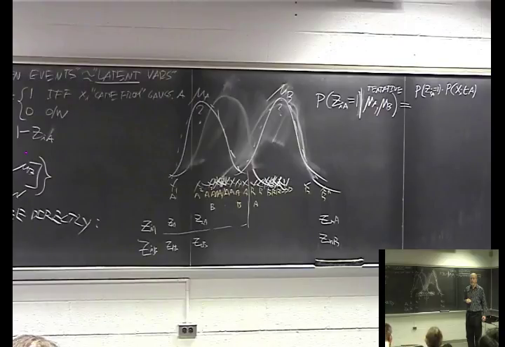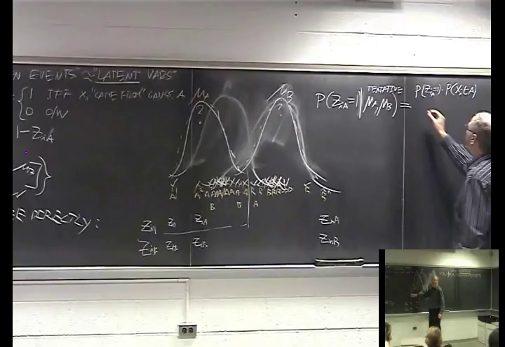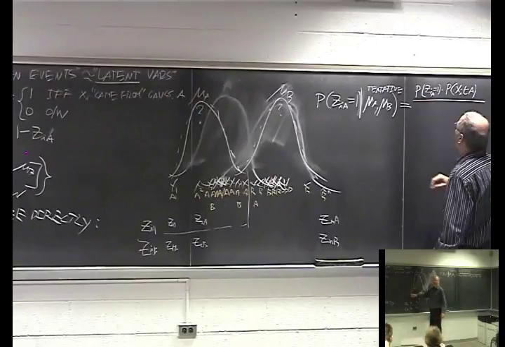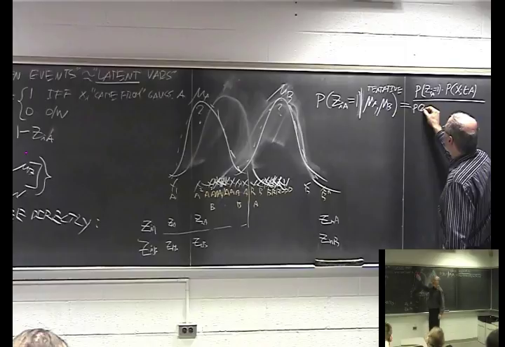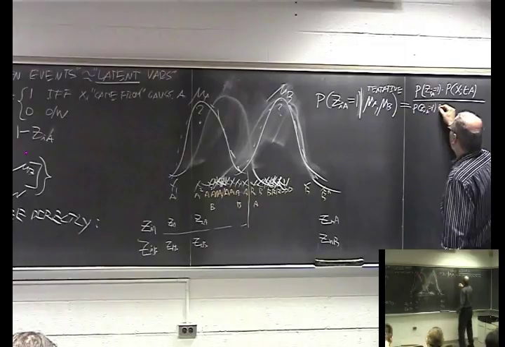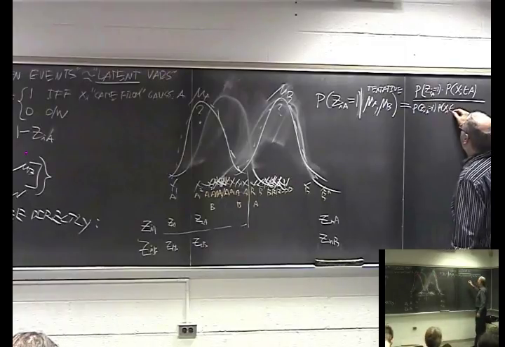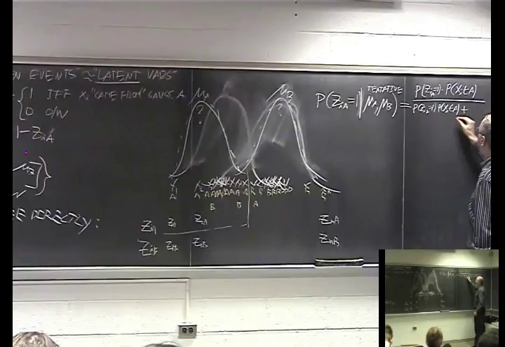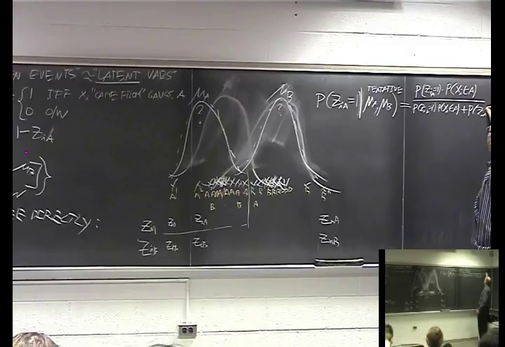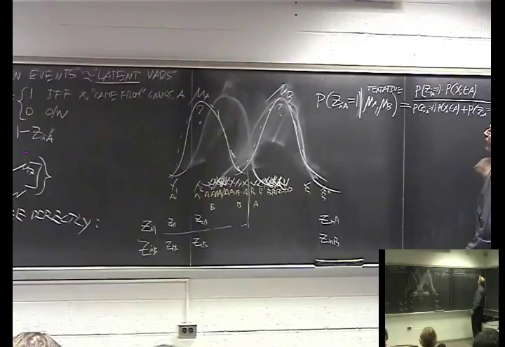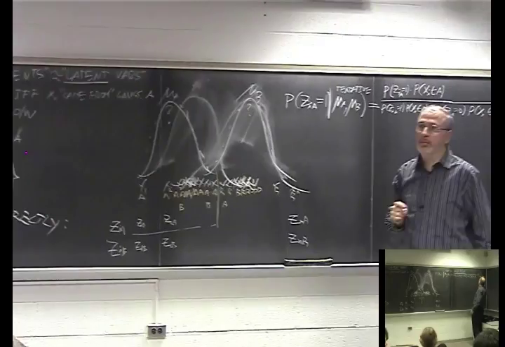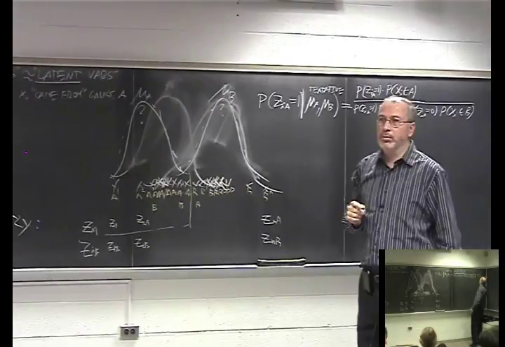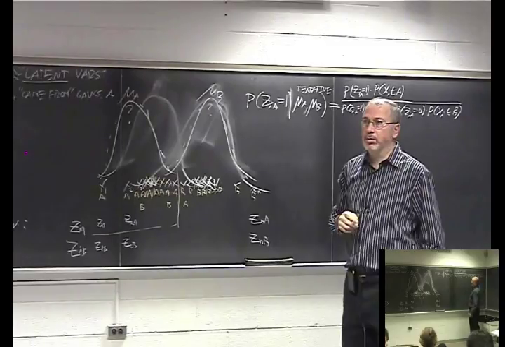More qualitatively, if XI is here, the likelihood of it being generated from mu A, which is here, is much larger than being generated from here. So this would go to some large number, let's say 0.8 over 0.8 plus 0.00001, which is this likelihood here.